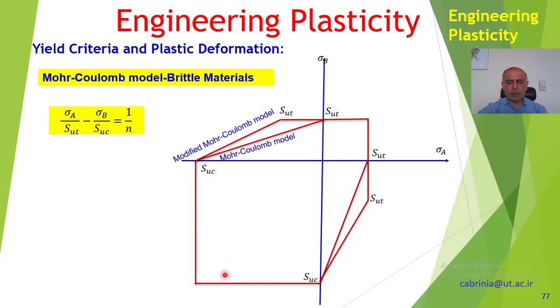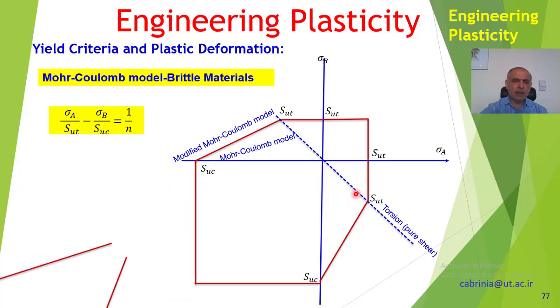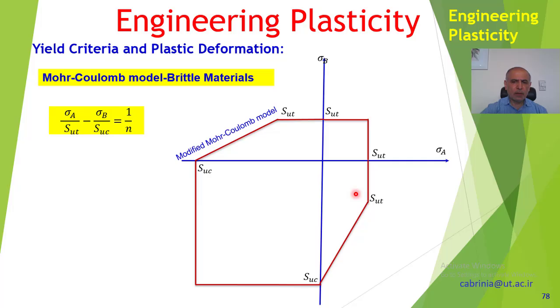Now then, as you can see, this Mohr-Coulomb model is a bit conservative relative to the modified Mohr-Coulomb. Let's examine this a bit further. Obviously, this is the torsion line or the pure shear, and so that is the modified Mohr-Coulomb model.